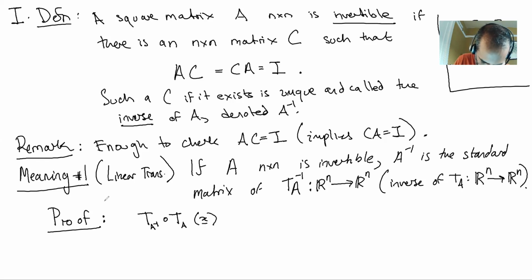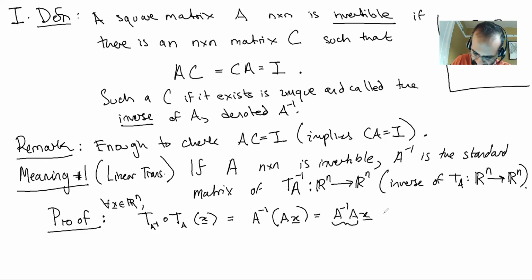So for every vector X in Rn, what is this? Well, TA inverse is multiplication by A inverse, that's just A inverse. TA is just multiplication by A, that's just A times X. So TA inverse composed with TA of X is A inverse times AX. That's A inverse A X. But look at the definition, A inverse A is the identity. So this is X, right?